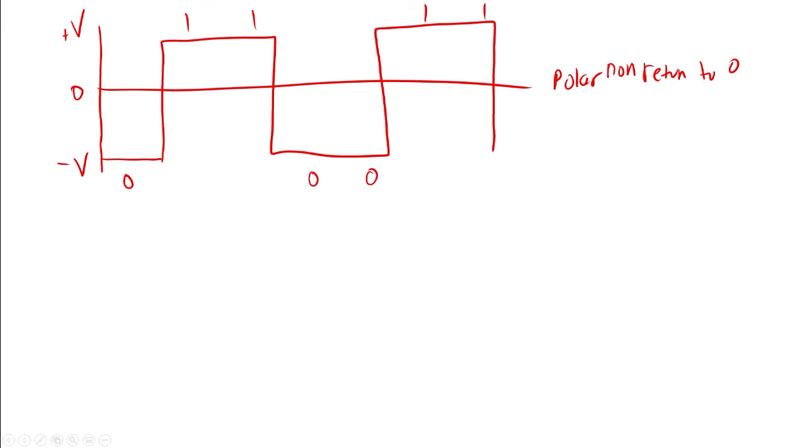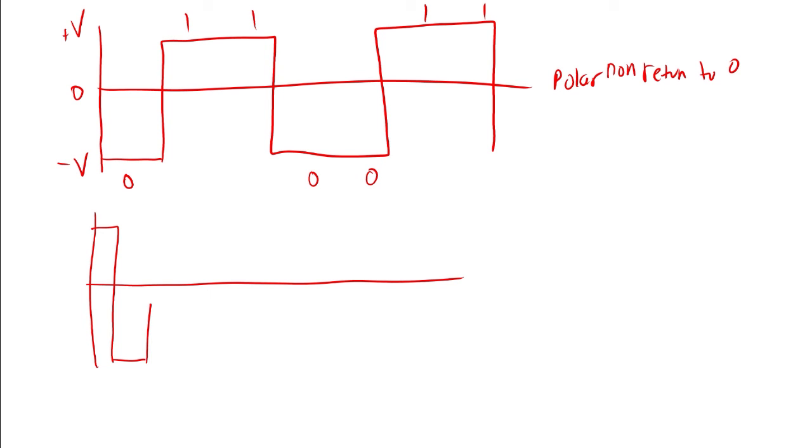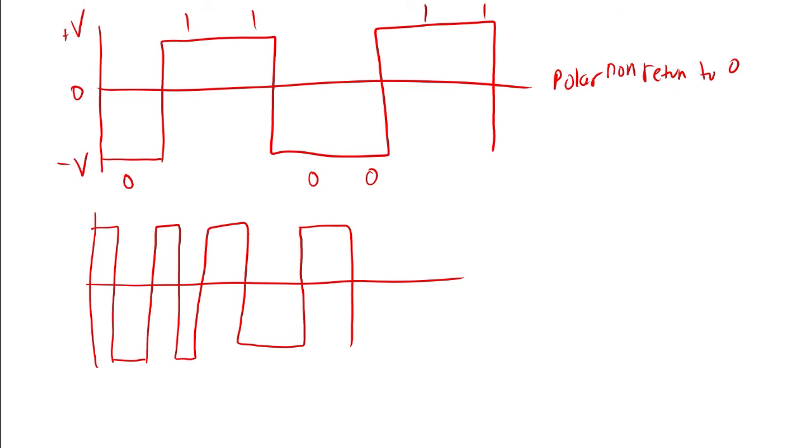And then we have what we call a Biphase Manchester. And the way that works is, again, we never have a 0 voltage. So our signal looks like this.